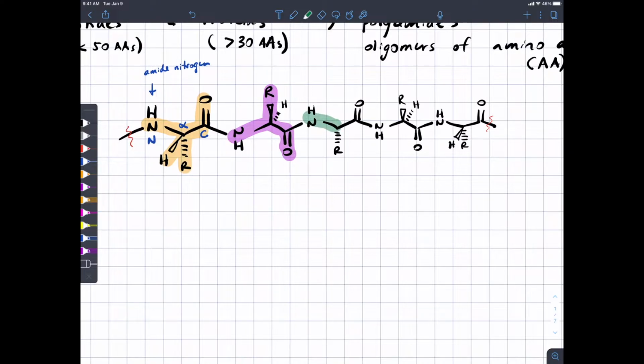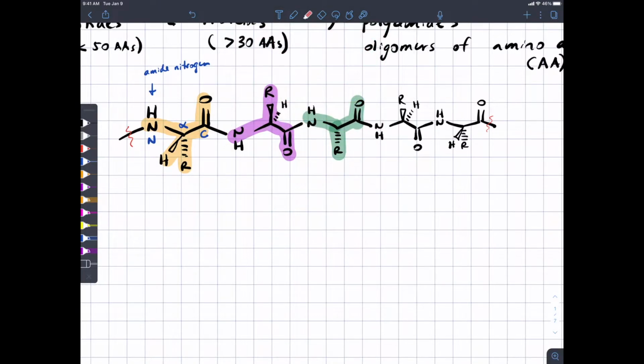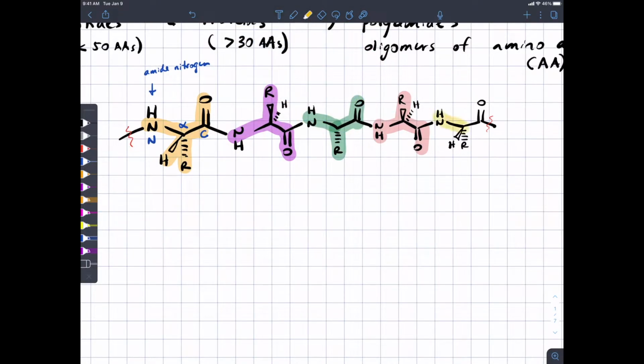So you'll hear me talk about amino acid residues within proteins. Just be aware and ready to know what I'm talking about. You'll hear biochemists point to an amino acid and say, this residue does whatever. All right, so here are the individual amino acid subunits of our peptide.